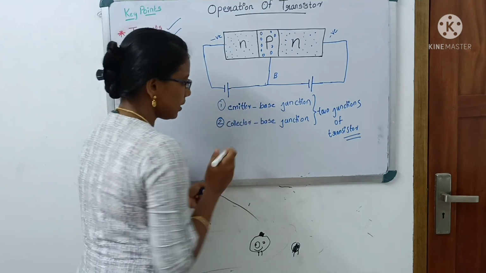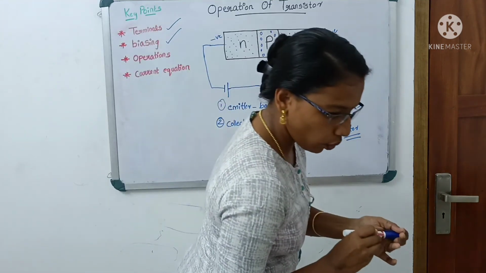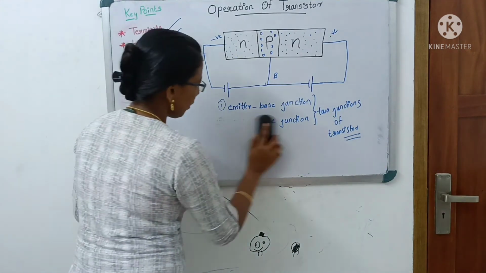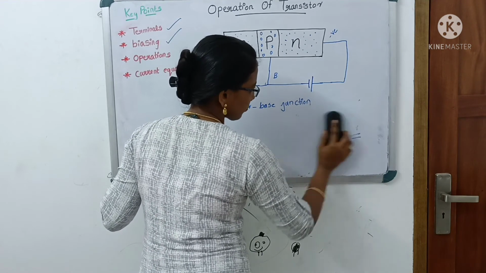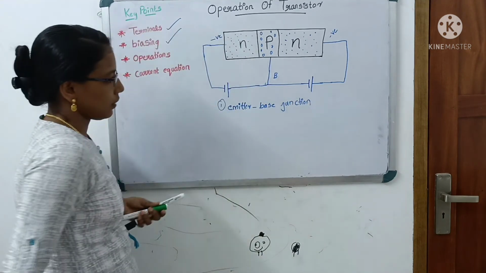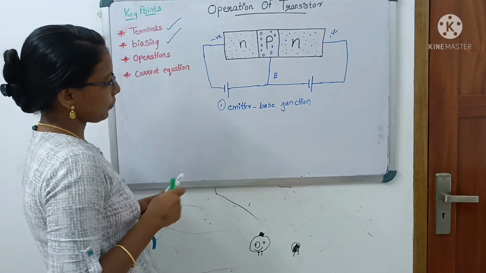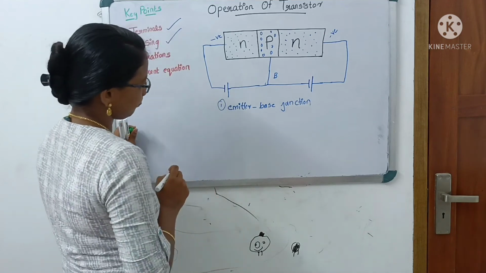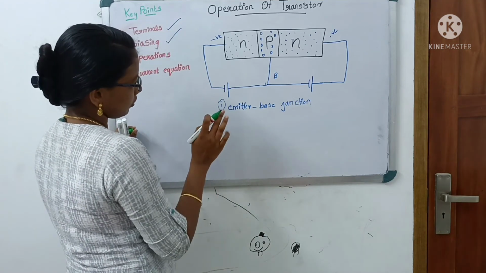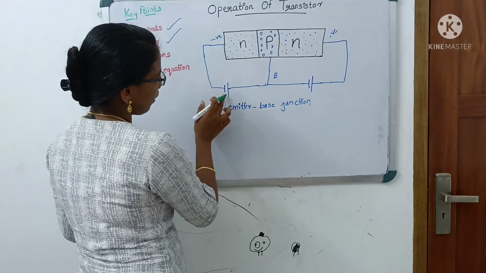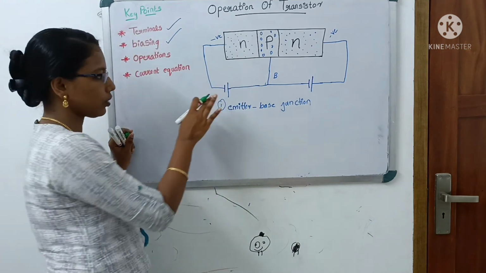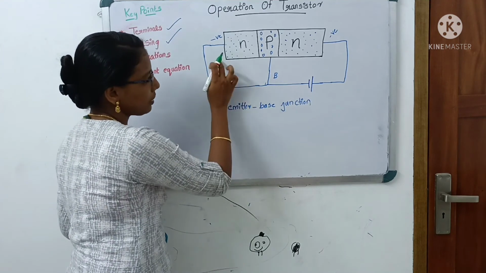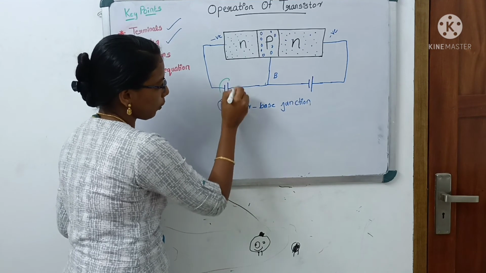First junction is the emitter base junction. Okay, so concentrate here. Sorry for that. In the emitter base junction, which biasing have we provided here?